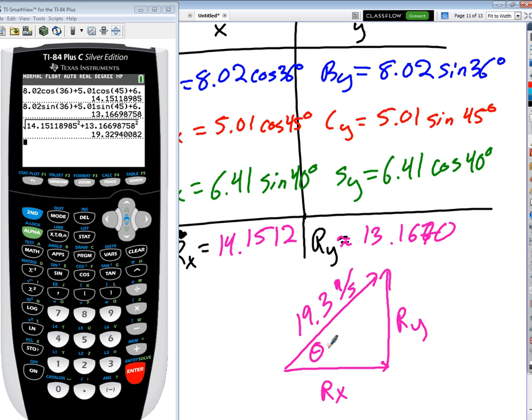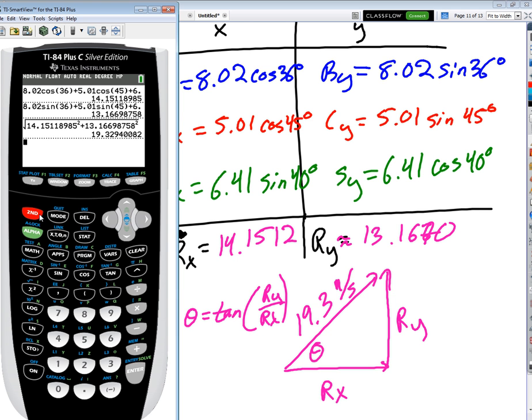So we know that theta is gonna equal arctangent of r sub y over r sub x. Does that make sense? Right, because if you look at our resultant right triangle, if this is theta, then the opposite is r sub y and the adjacent is r sub x, right? Okay, so we can do that on our calculator.